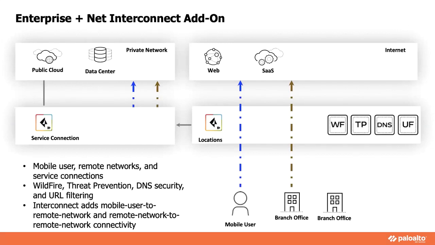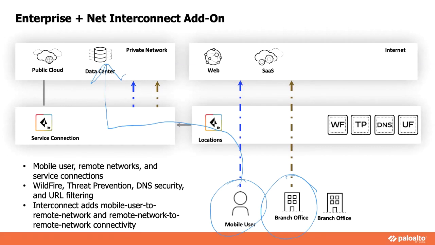Well, by default, a user in a remote network or a mobile user is going to be able to go through a service connection to reach a data center for, as I said, say, authentication or an internal DNS server or whatever the case may be.